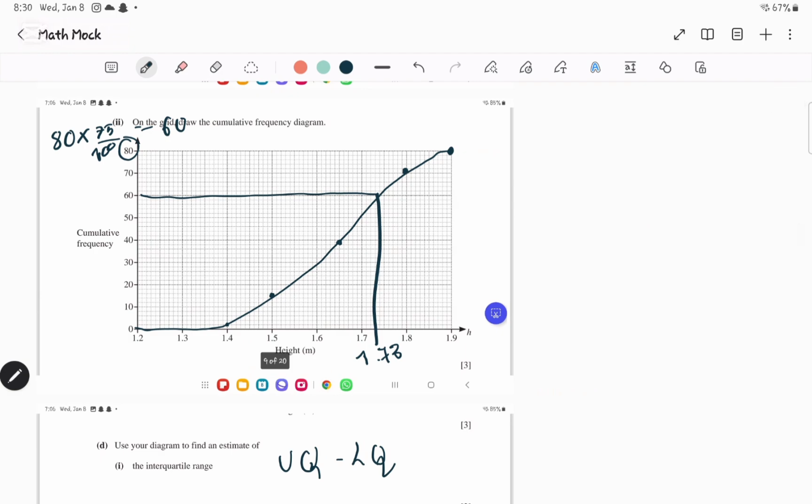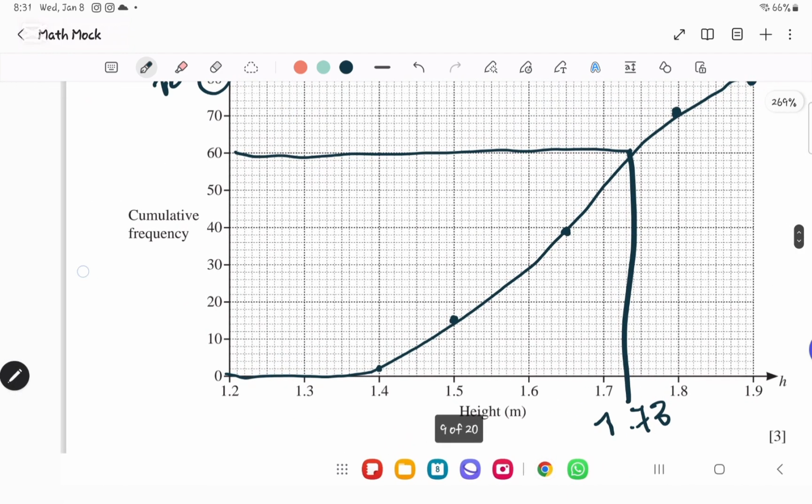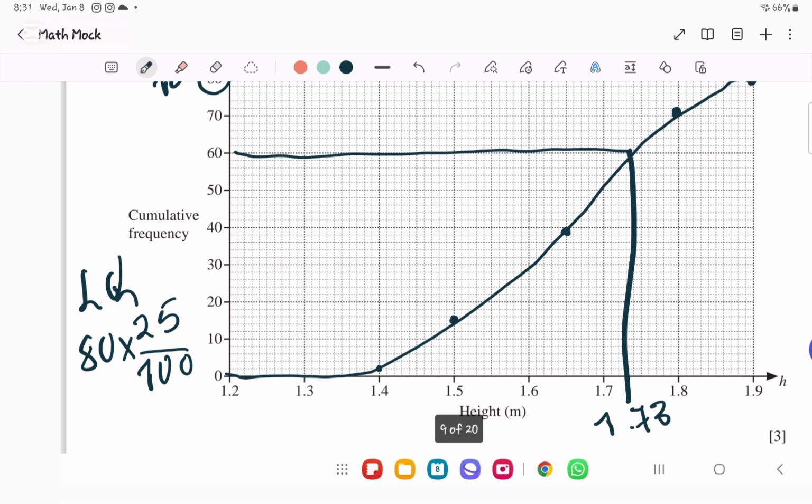So we're gonna draw the line and we see it's approximately 1.73. This is our upper quartile. Whereas our lower quartile is gonna be the total, 80, multiplied by 25 over 100. We are gonna get 20. So 20 is the lower quartile, and it is approximately 1.54.